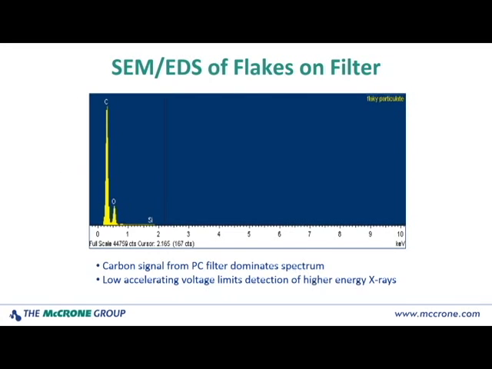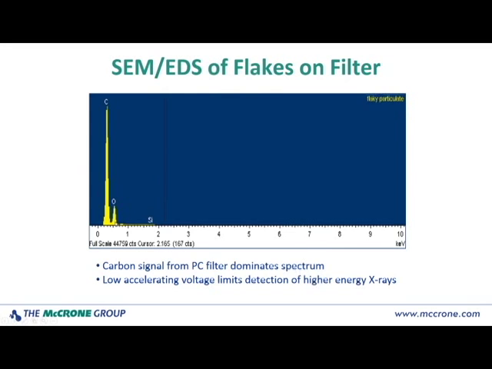So here we have a typical SEM EDS spectrum taken from delamination flakes on a polycarbonate filter. So a liquid product was filtered onto the polycarbonate filter. A section of that filter was then put onto a substrate for SEM analysis. So you can see that in this spectrum, the dominant peak really is the carbon from the polycarbonate filter.